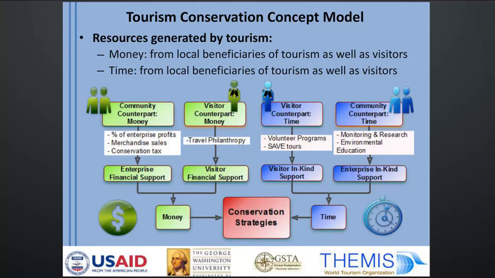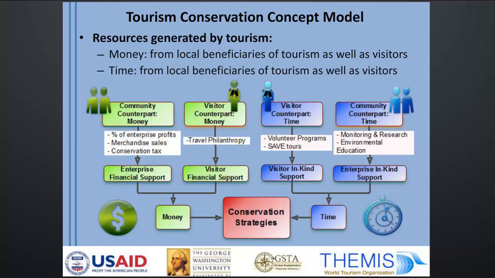These are all cost layers and revenue that can be generated by a tourism enterprise itself and the products that it's selling. Again, if you follow the linkages down, all of those things generate money that can create enterprise financial support that can lead into conservation strategies.